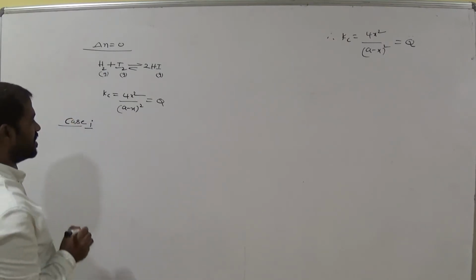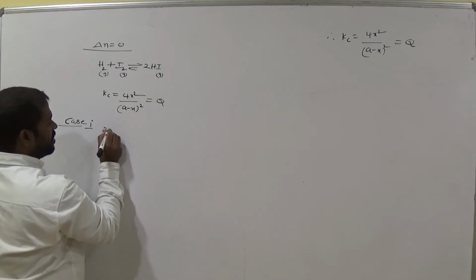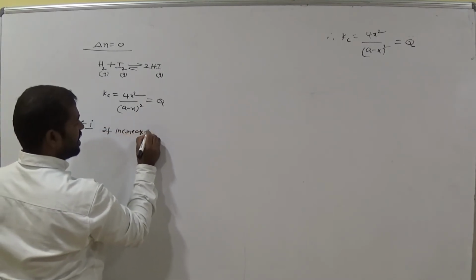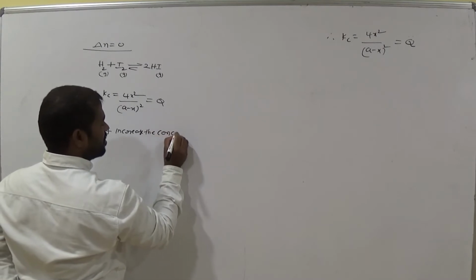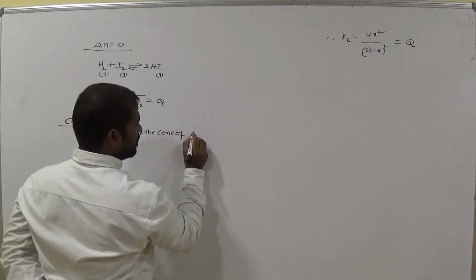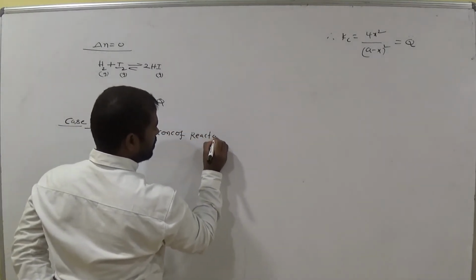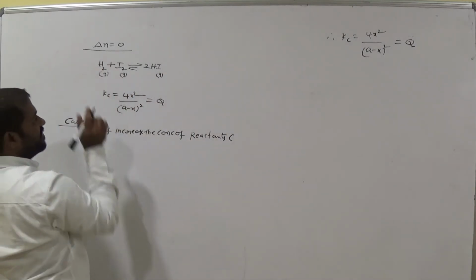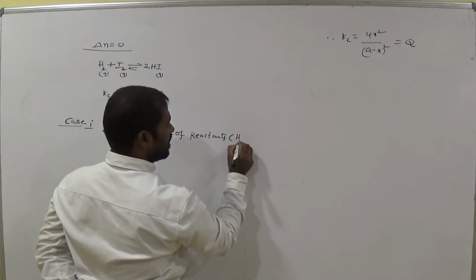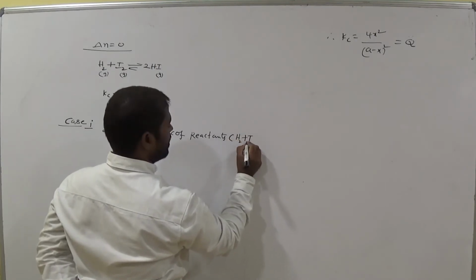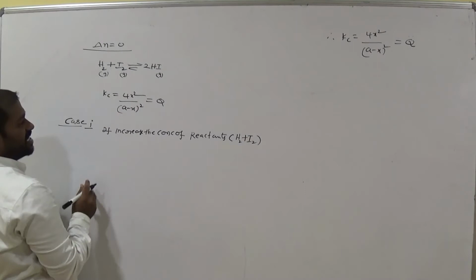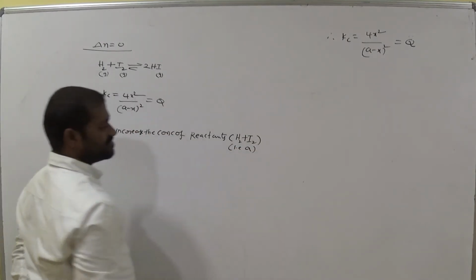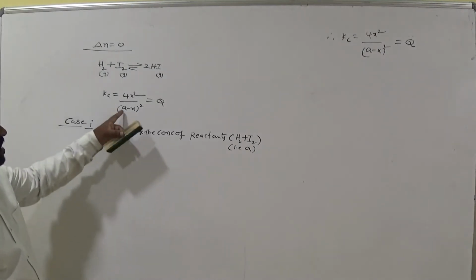So what is case 1? If we increase the concentration of reactants, what are the reactants here? The reactants are H2 and I2, and their concentration is A. Concentration is A, am I right? What is the concentration term here? A.